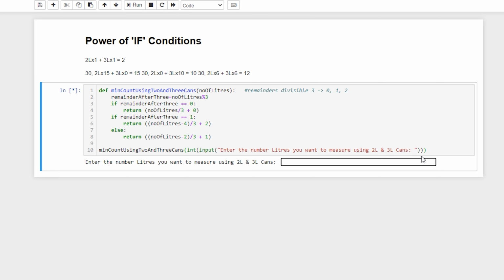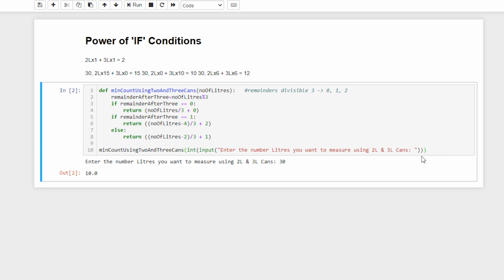So for 30 liters, now 10 times. Since it is returning a floating point value, instead of that we can typecast it into int and make sure it prints that int.